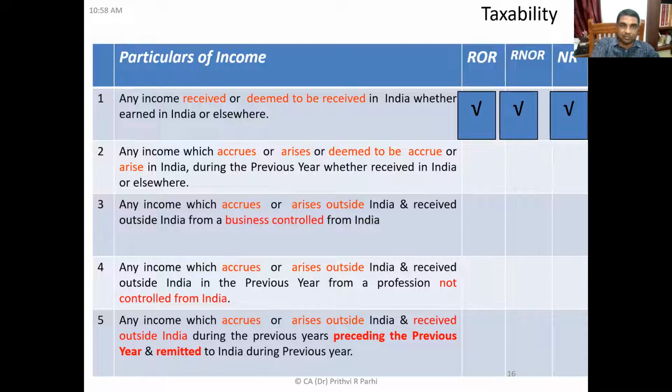The ordinary resident. Then is it taxable for RNOR? No, sir. Yes, sir. Yes or no? Here you see this is accruing or arising in India or deemed to accrue or arise. Yes or no? So for me it is yes, for him it is no. Answer is yes. Okay. And since it is accruing or arising or deemed to accrue or arise in India, tell me for non-resident, is it taxable?